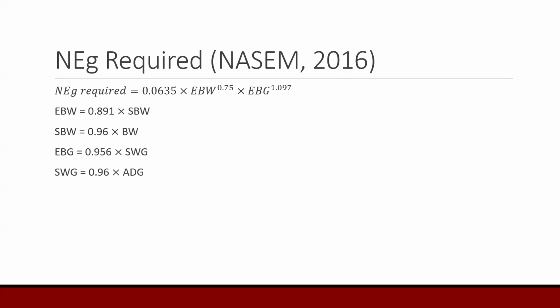Empty body weight is calculated as 0.891 times shrunk body weight. Shrunk body weight is calculated as 0.96 times body weight. Empty body gain is 0.956 times shrunk weight gain, and shrunk weight gain is 0.96 times average daily gain. I will give you all these equations. Okay? Cool.